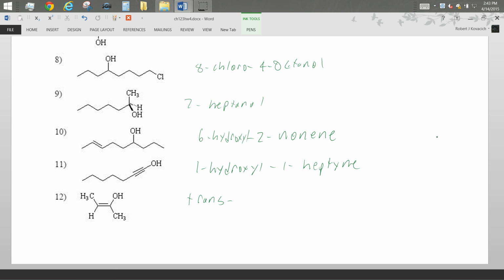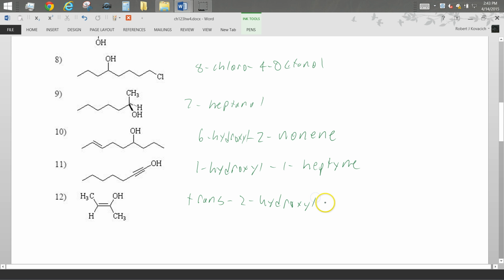So trans 1, 2, 3, 4. 1, 2. Trans 2-hydroxyl 2-butene.